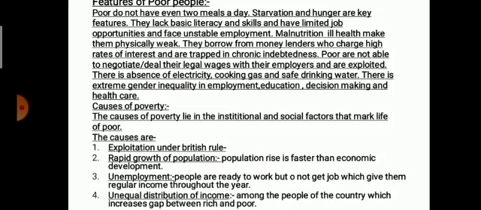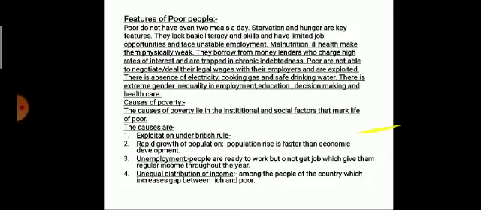Some people like IT professionals, doctors, engineers, their salaries are more than casual workers like truck drivers and all. Of course it depends on the education, but income distribution in our country is very much unequal. So rich are becoming rich, poor are remaining poor. So this unequal distribution of income will increase the gap between the rich and the poor.